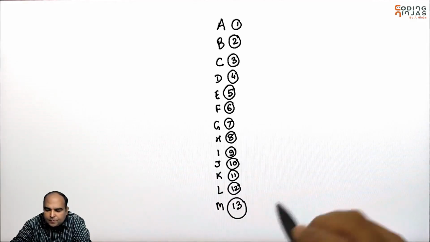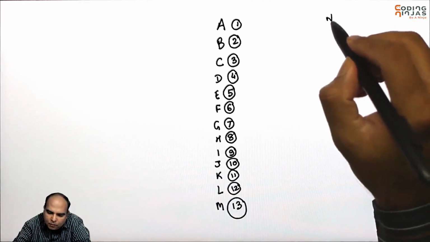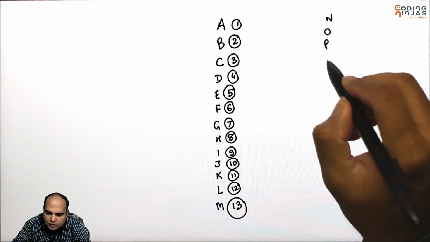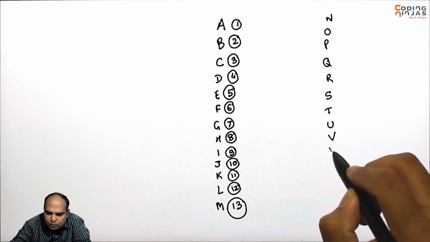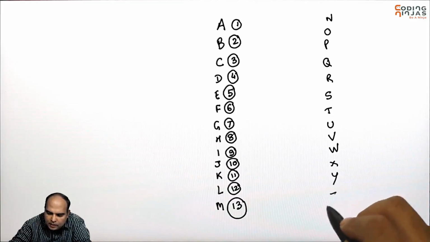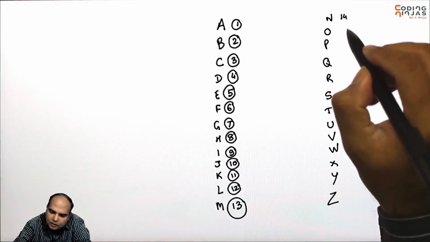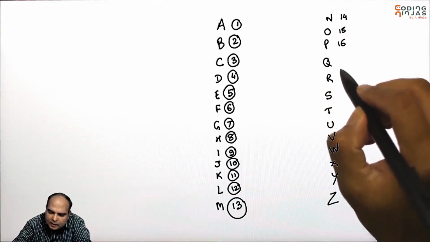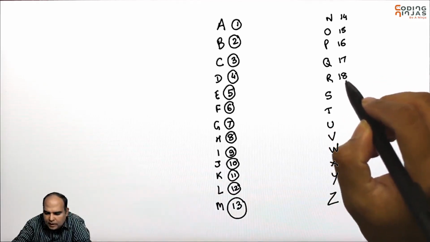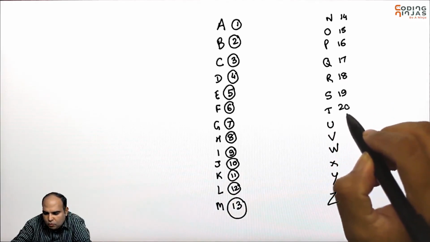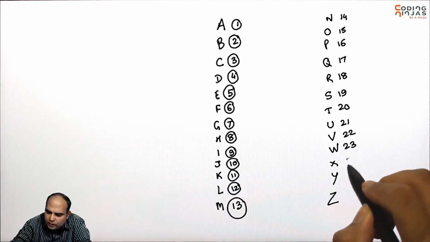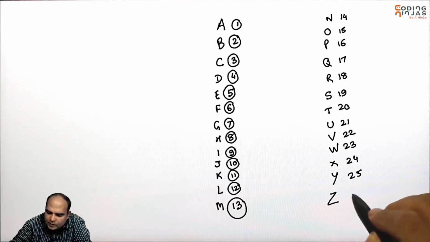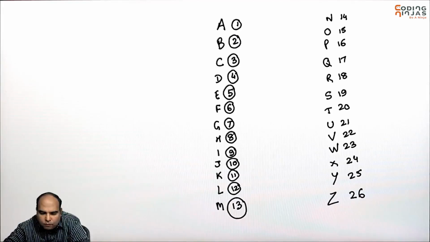And as you keep going with N, O, P, Q, R, S, T, U, V, W, X, Y, Z, these letters are the 14th, 15th, 16th, 17th, 18th, 19th, 20th, 21st, 22nd, 23rd, 24th, 25th, and 26th letters of the English alphabet. So one of the things you should do is understand the numerical positioning.